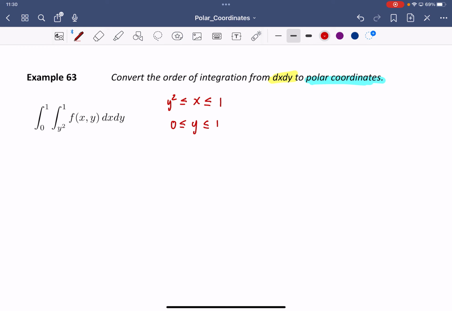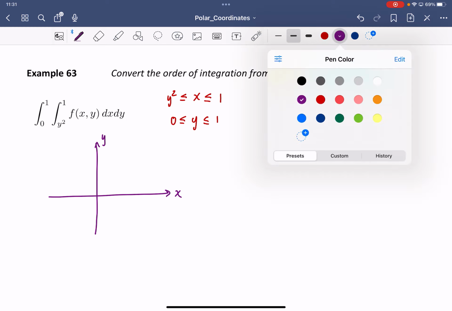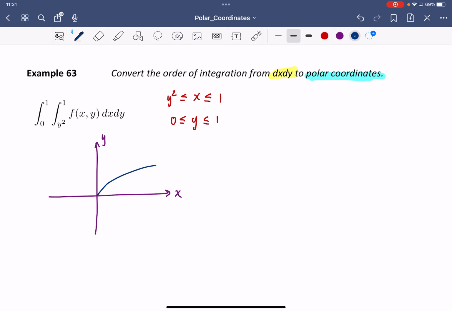So you draw the picture first. So x is gonna be from y squared to 1. So x equal to y squared. This is actually the parabola here. x equal to y squared, right?